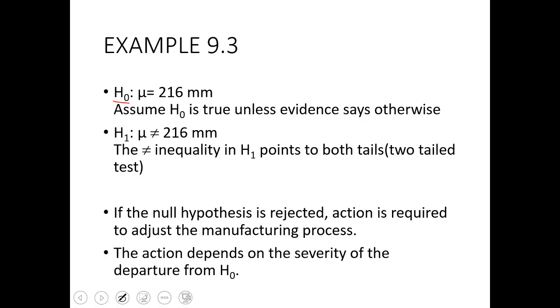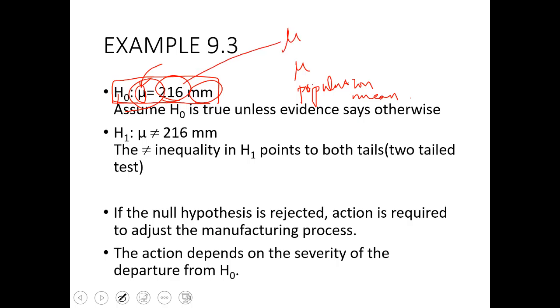So our null hypothesis is that the mean paper width is 216 millimeters. This mean mu is the unknown population mean for the width of copy paper, and 216 is mu 0, which is the benchmark value.